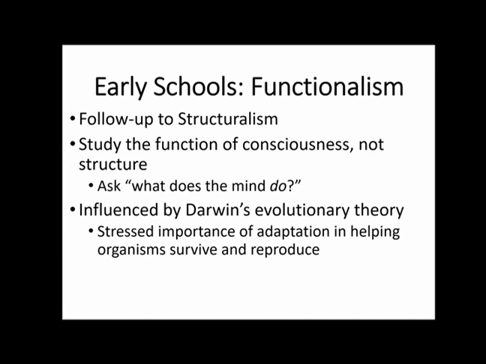A structuralist would try and explain how our hands work by studying our muscles and our tendons and our bones. So the structuralist would be concerned with the structures that let our hands function. Whereas a functionalist wouldn't care so much about the structures. They would ask about what our hands do, what their function is, and how they let us operate in our environment.